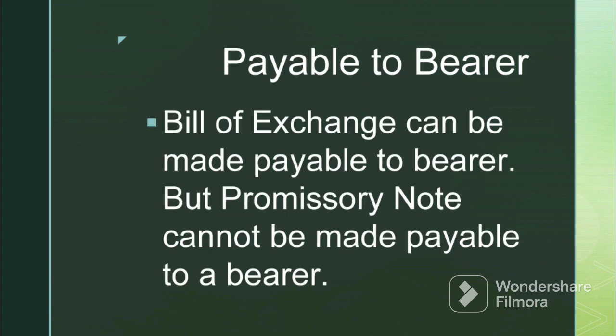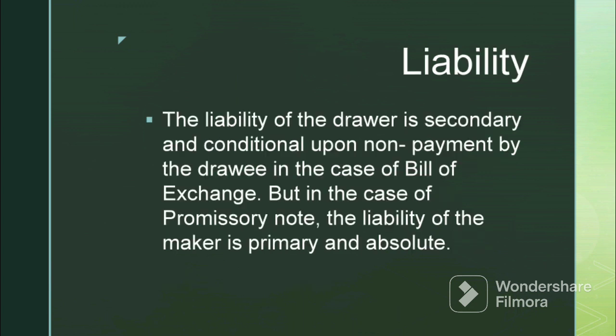Bill of exchange can be made payable to the bearer, but promissory note cannot be made payable to the bearer. In the case of bill of exchange, the liability of the drawer is secondary and conditional. It is based upon the non-payment by the drawee. But in the case of a promissory note, the liability of the maker is primary and absolute.